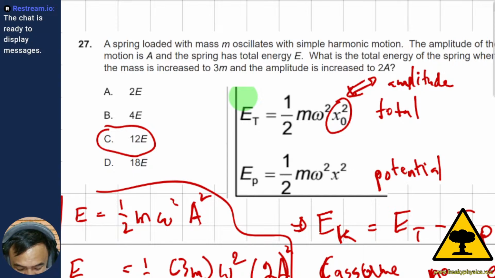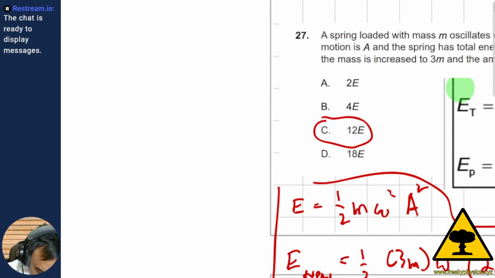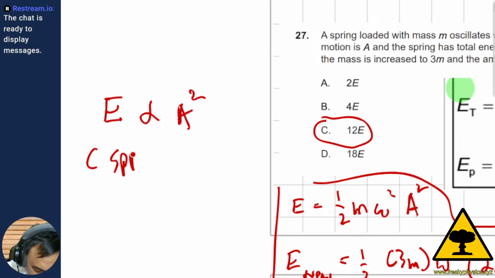Okay, so that's the long way of doing it. I'll just discuss the short way really briefly here. Think about it this way. For a spring mass system, energy is proportional to the amplitude squared. Also, energy is proportional to m.